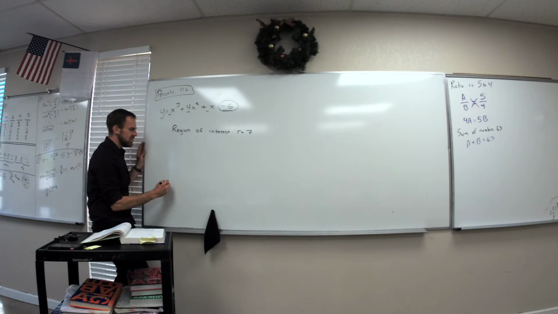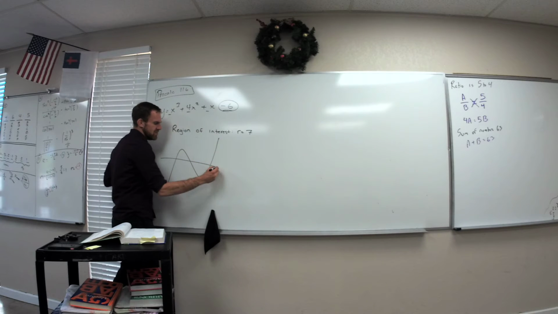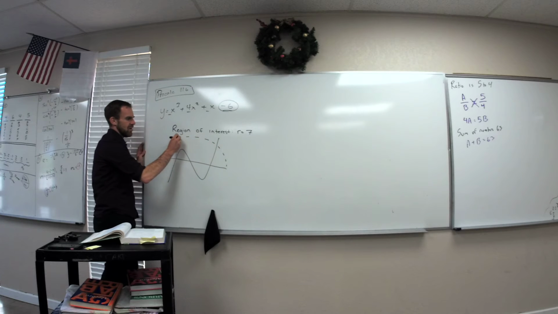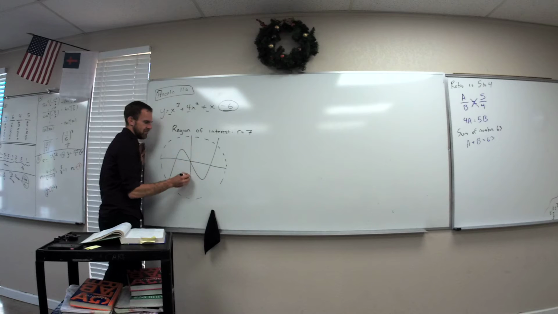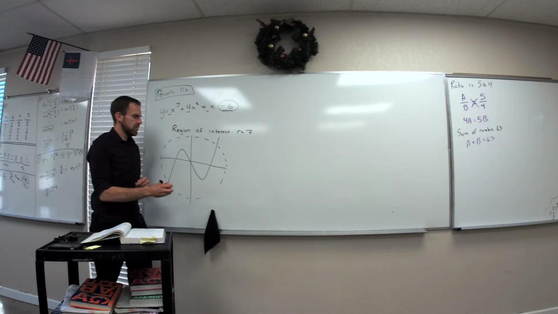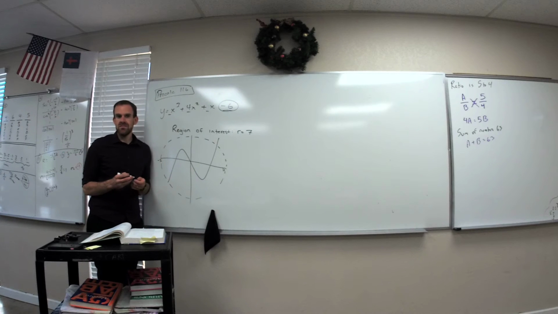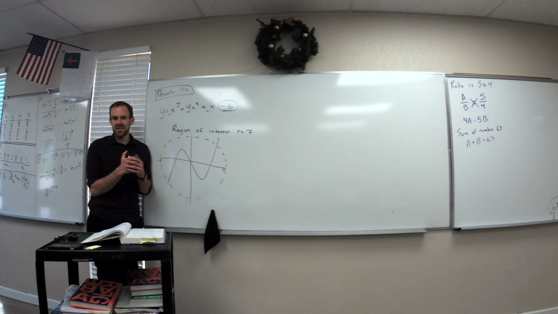That includes where this turns, where any zeros exist. All of that happens within a radius of 7 from the origin. So take the highest number, add 1.